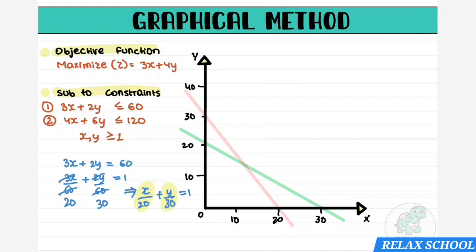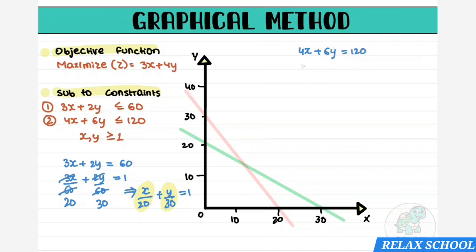So these are our coordinates. For x, 20 was the coordinate and for y, 30 was the coordinate for the first constraint. So for the second constraint, the coordinates would become, let me write it here, 4x plus 6y is equal to 120.